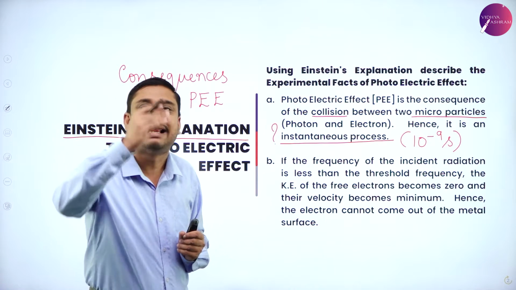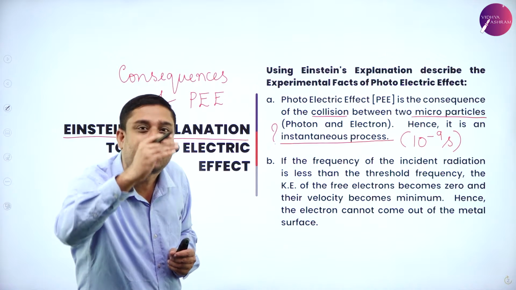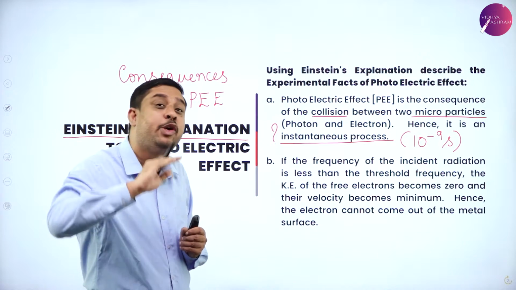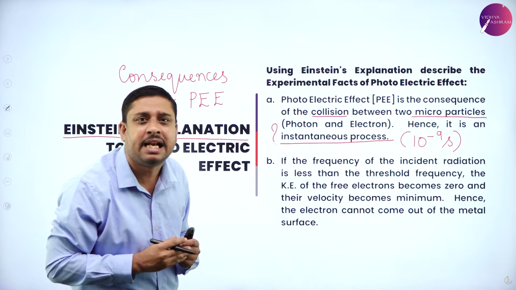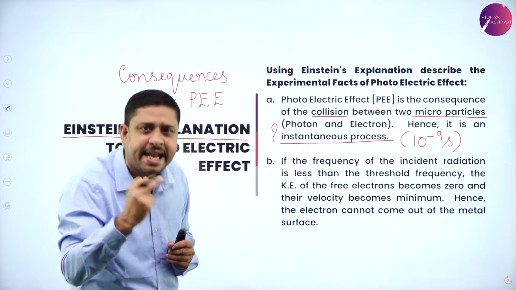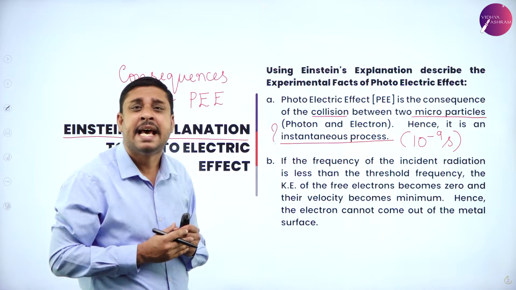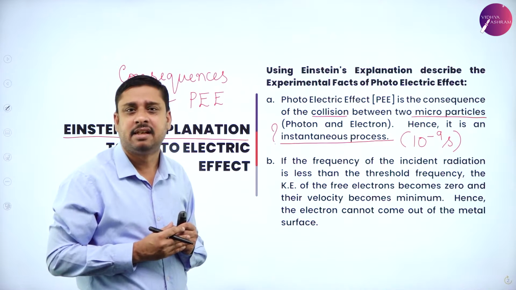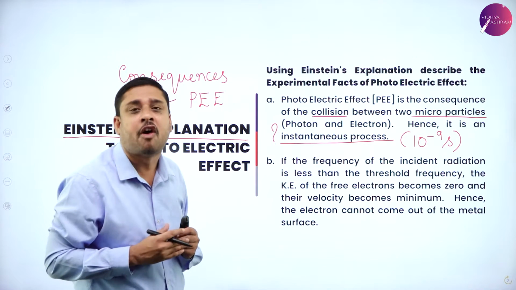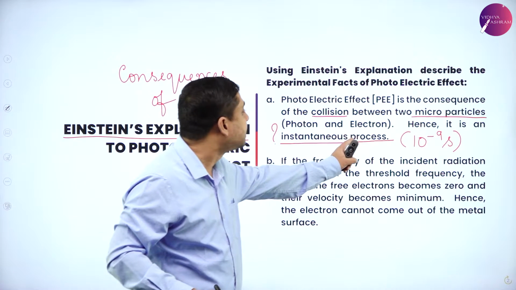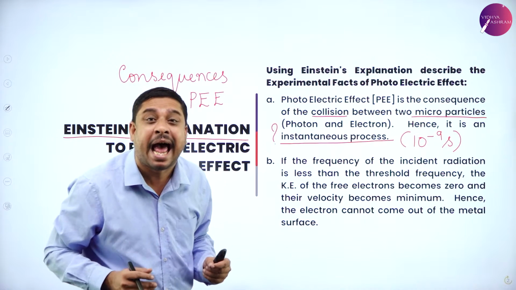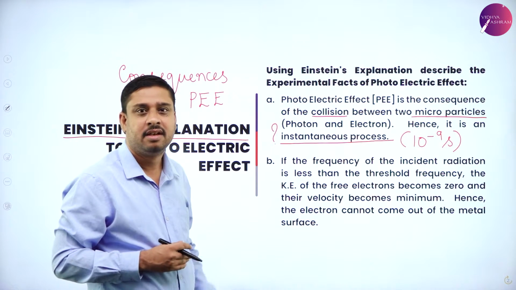Therefore, it is not that today the photon is incident and tomorrow electrons are liberated. It is immediate. It is instantaneous. Liberation of electron is happening in nanoseconds.